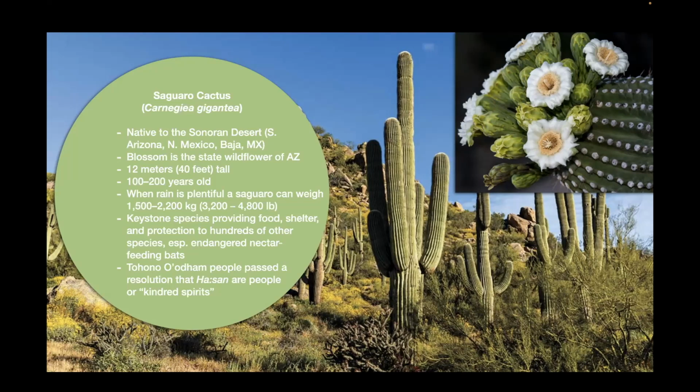The Tohono O'odham people consider the saguaro to be embodiments of their ancestors. And they recently passed, within this last year, a resolution that the Hashan, the saguaro, are considered people or kindred spirits, and therefore entitled to protection.